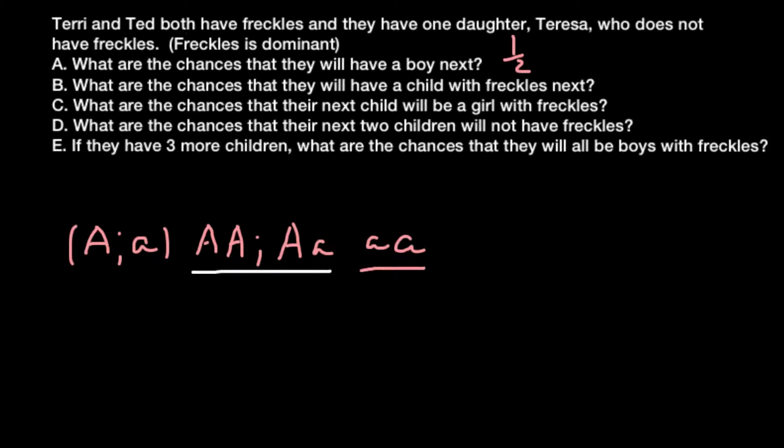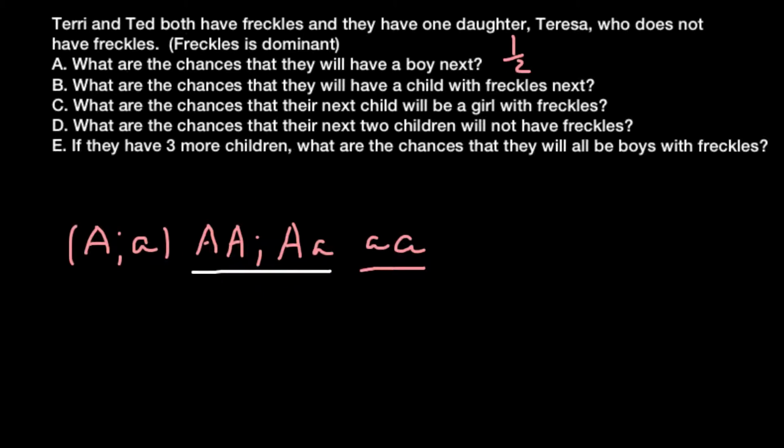So this is going to be a different phenotype. We know that the parents, Terry and Ted, have freckles, but their daughter Teresa doesn't have freckles. So what are the genotypes of the parents? Of course, the genotypes would be one of these for each parent.